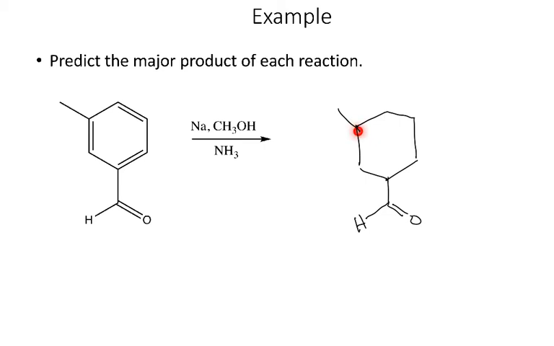Alternatively, the electron donating group should maintain the double bond, so I could also put the double bond here and here, and I think that's the way we want to go, because now my alkyl group was not reduced, but the carbon with the electron withdrawing group was reduced. And so this should be our product of this reaction.